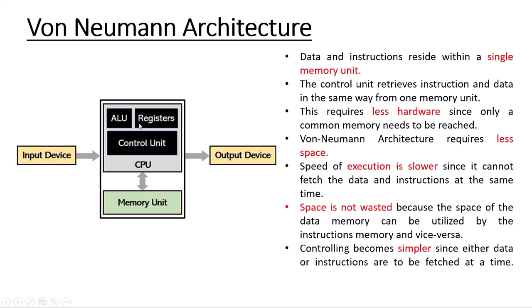RAM is a temporary storage unit that stores data along with the general purpose instructions, while ROM is the permanent type of memory that holds instructions responsible for booting up the system. In this architecture, data and instructions both reside in a single memory unit. Hence, a single set of bus is used by the CPU to access the memory.